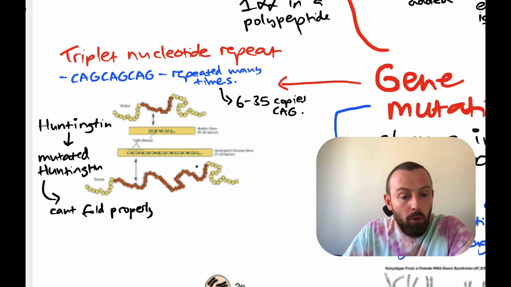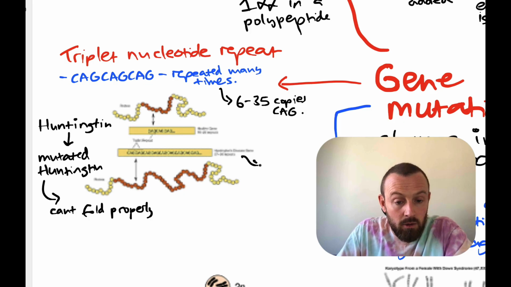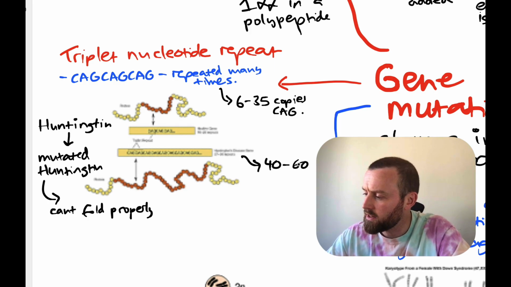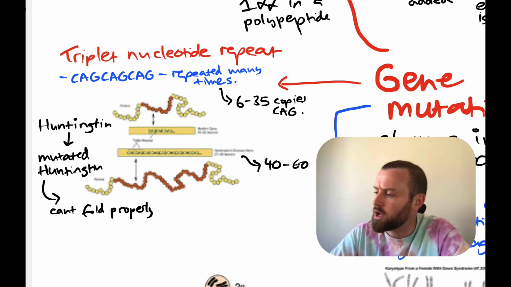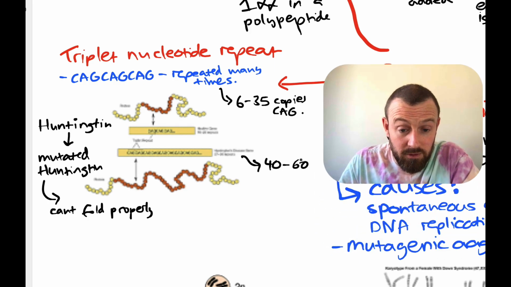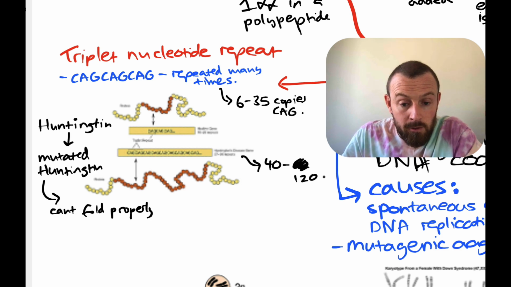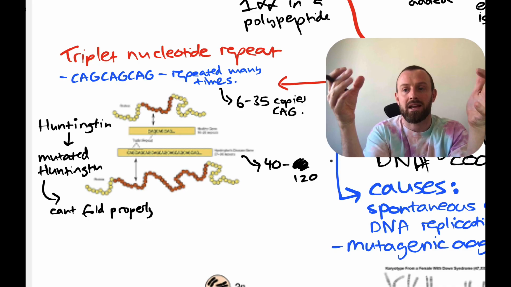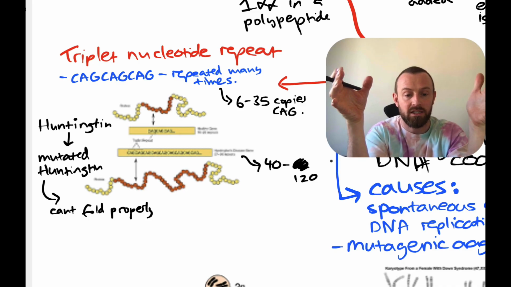Now, how many copies of CAG do you need? Well, it's between, I think, 40 to 60-ish copies, and generally it can be more than 60, up to 120. Basically, the more copies of that CAG repeat, typically speaking, the earlier people get Huntington's and the more severely it progresses.